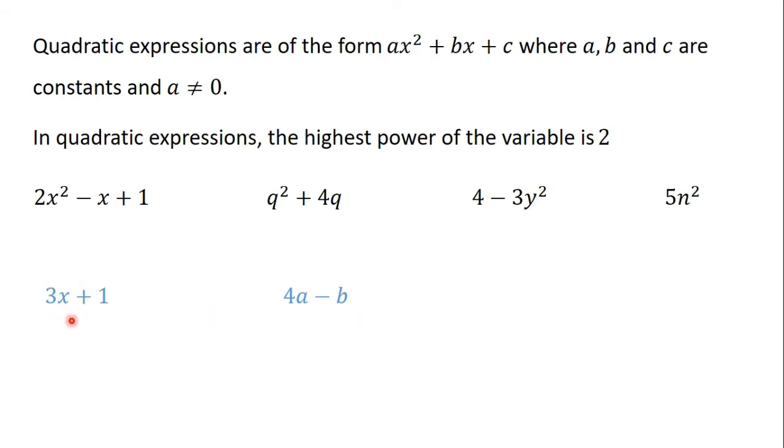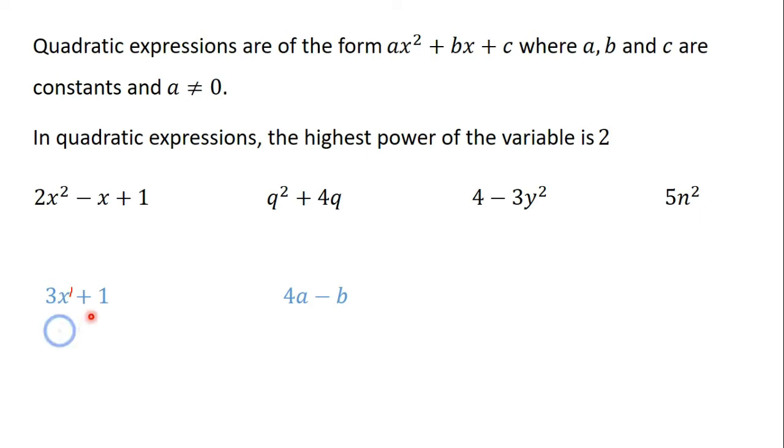Let's consider the first expression, 3x plus 1. The variable here is x. The power of x is 1 because there is no power on top of it. We learned from the videos on indices that when you have a variable or number with no power on top of it, it means the power is 1. So here the power of x is 1.